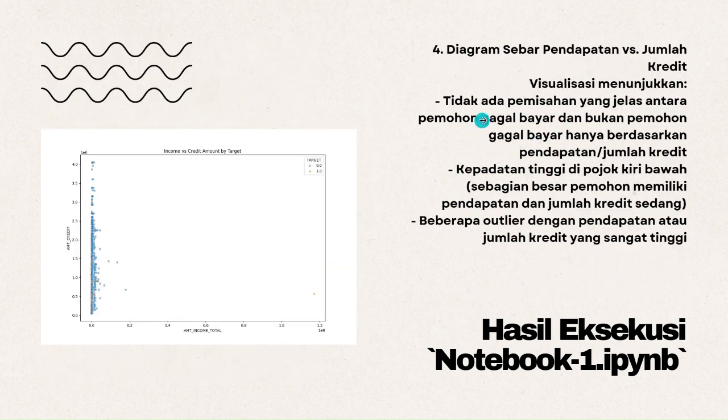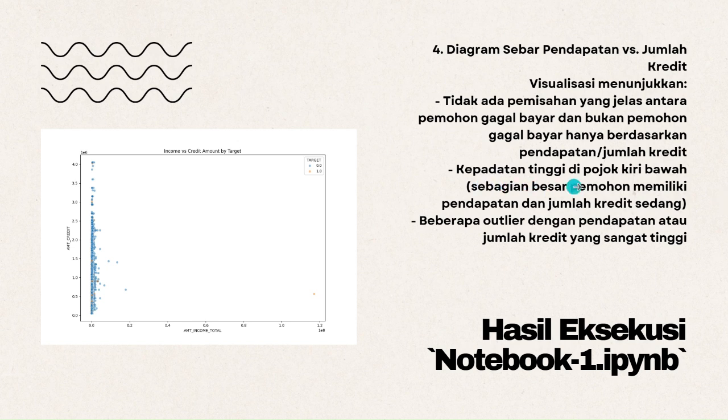There's also the income versus credit amount by target scatter plot, which visualizes that there is no clear division between the loan applicants that failed to pay and the ones that did, based on income and credit amount.